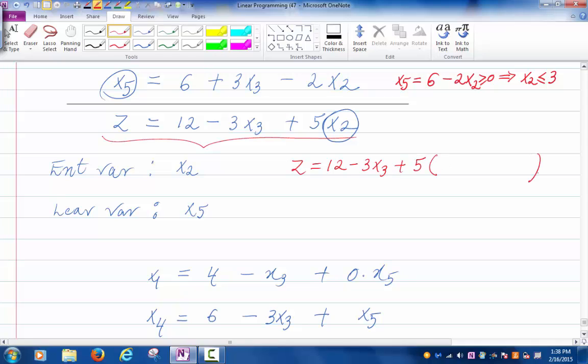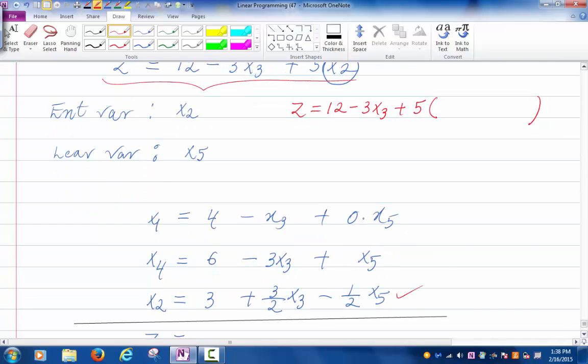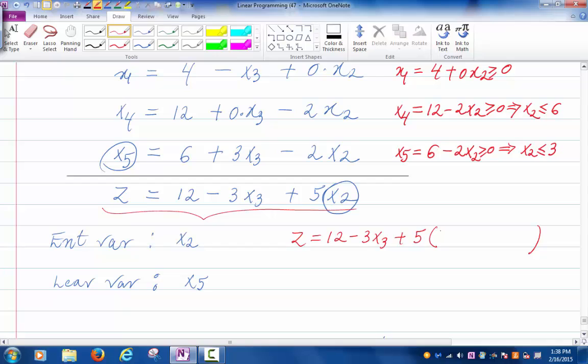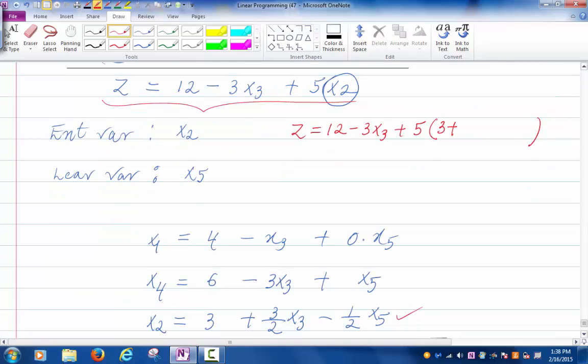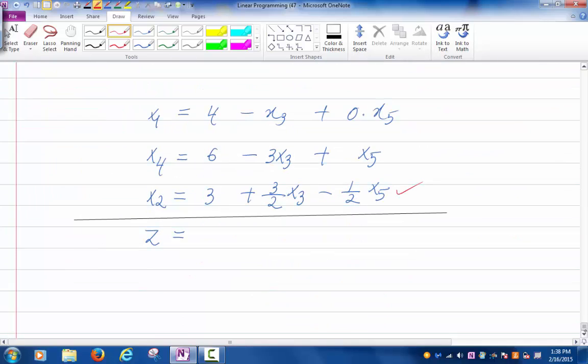What is x2? x2 is right here. So that's 3 plus 3 half x3 minus half x5, right? If you simplify that, aren't you going to get only x3 and x5? Am I right? So write that down. Simplify that.